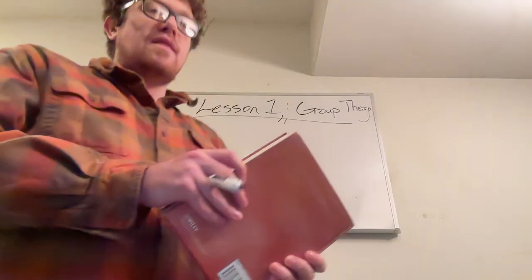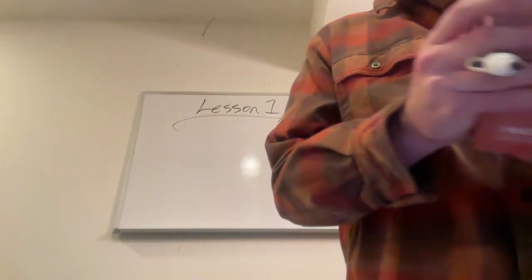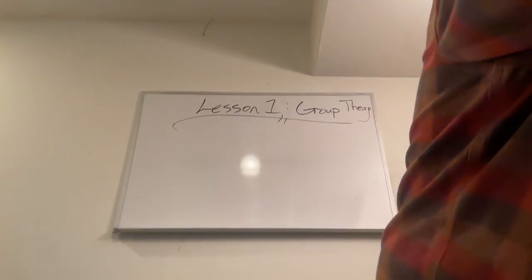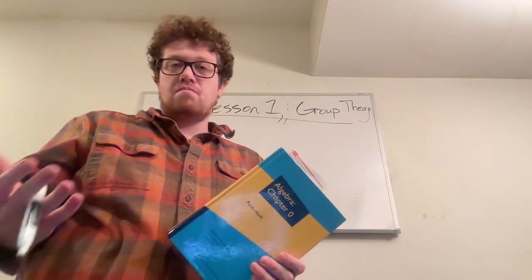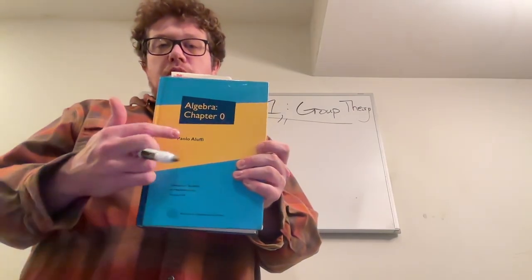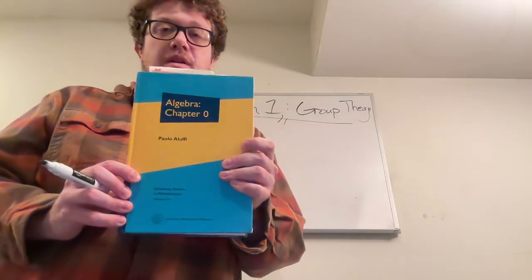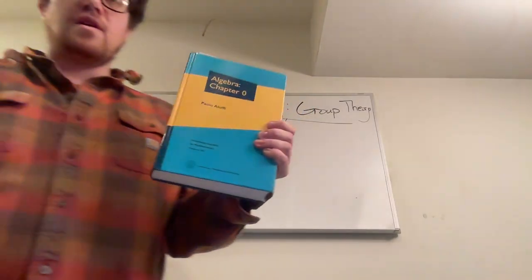And then if you go to the extreme, or it's not even really that extreme, for the more advanced students that have already basically mastered Dummit and Foote, you can look at some of this algebra stuff from a category theory perspective, and this Algebra: Chapter 0 by Paolo Aluffi is a good source for that.